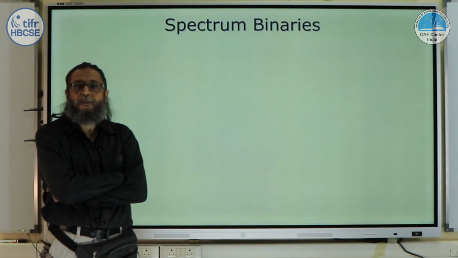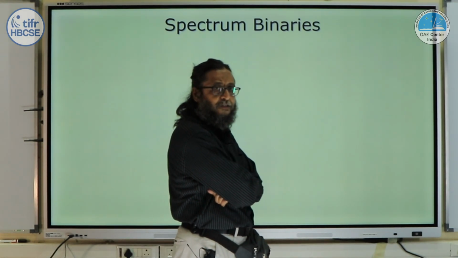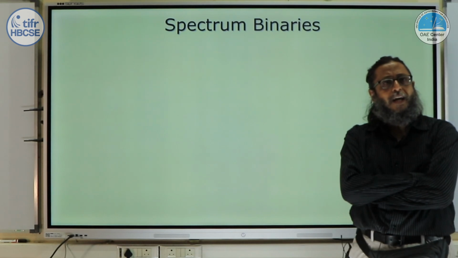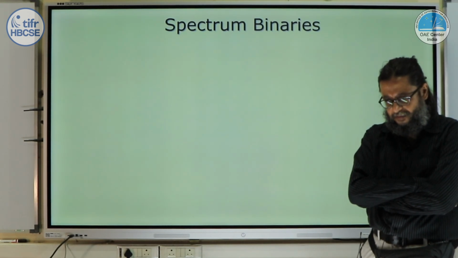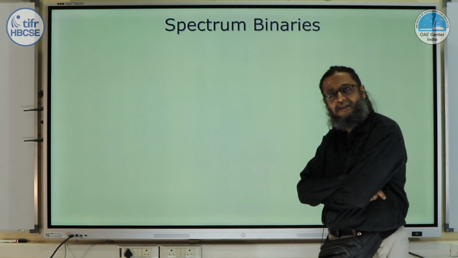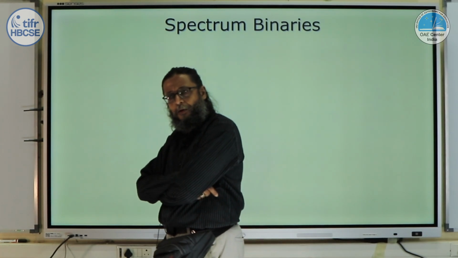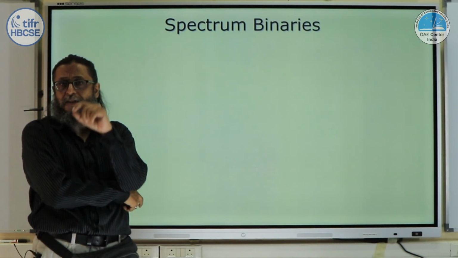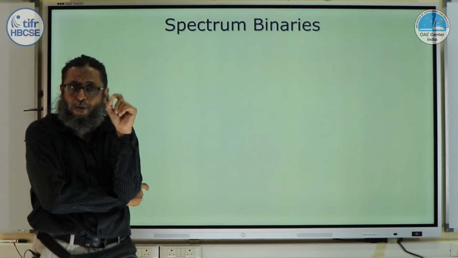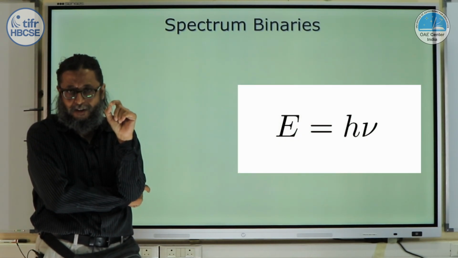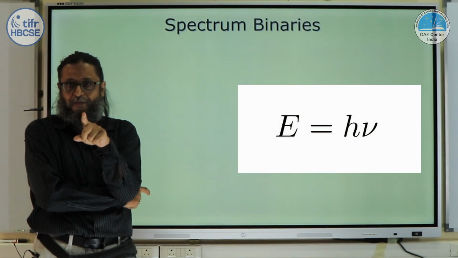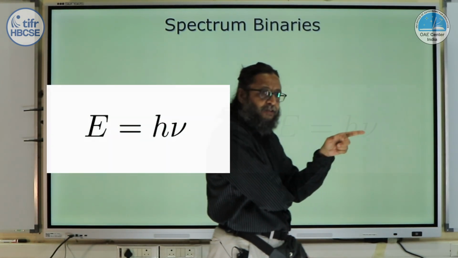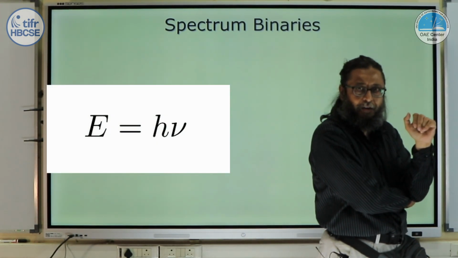Now we come to the next class of binaries, which we will call spectrum binaries. As the name suggests, we are measuring light as a function of its frequency or wavelength or energy, because we know by Planck's law that frequency and energy are related.